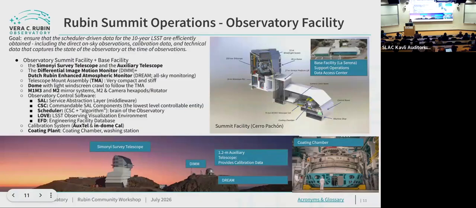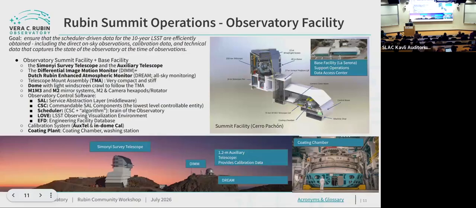We have an observatory facility, the telescope and other facilities at the summit. This is our summit facility at Cerro Pachón, which is 2 hours away from La Serena, where our base facility is located. In the base facility, we have a data access center, and we also support the operation from there.